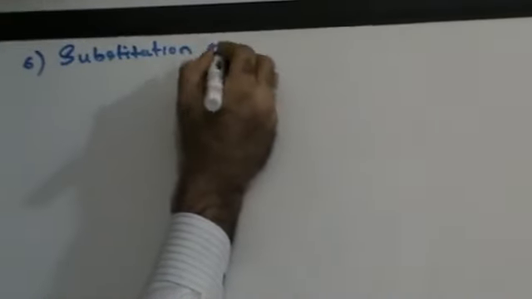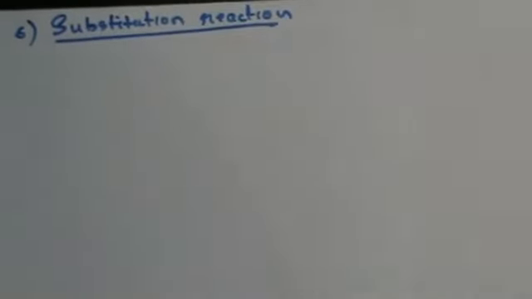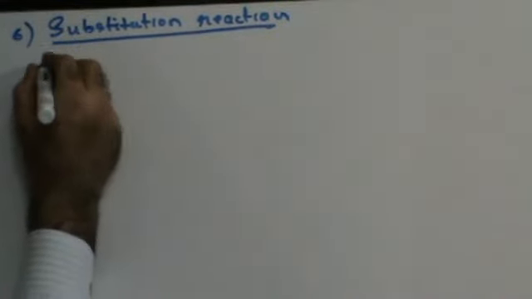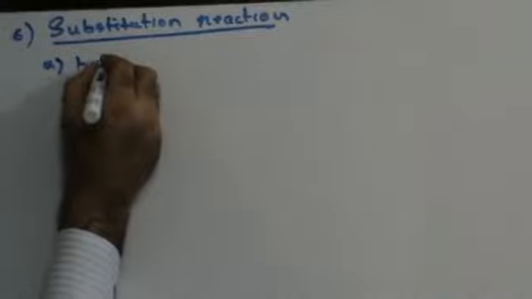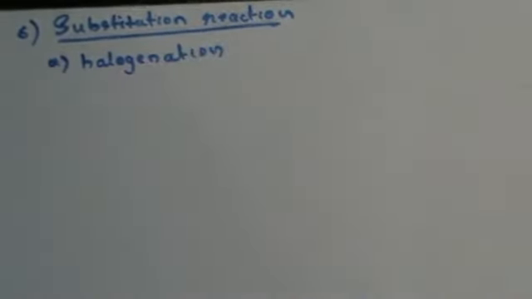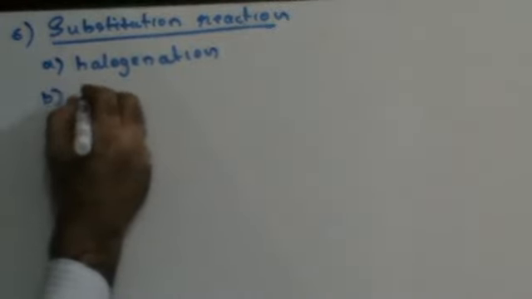Now, when you have substitution reaction, I said that benzene undergoes addition reaction and substitution reaction. Now, in substitution reaction, it undergoes halogenation, that is, it reacts with halogen. Next, it is also going to undergo nitration.